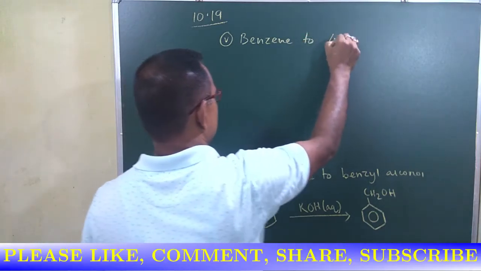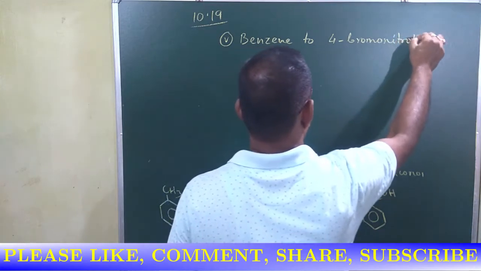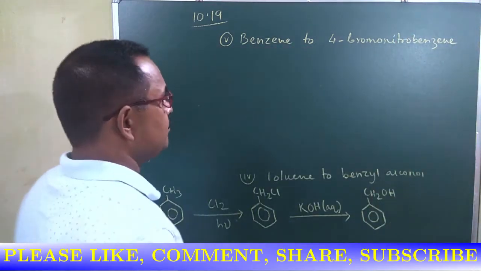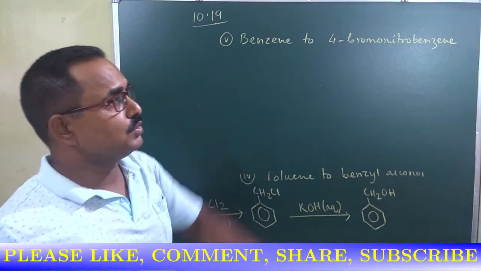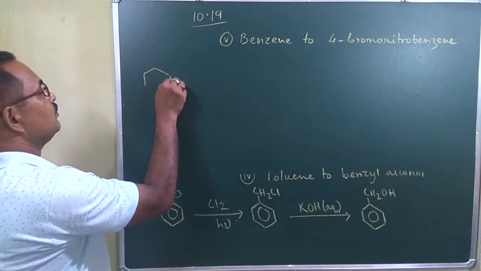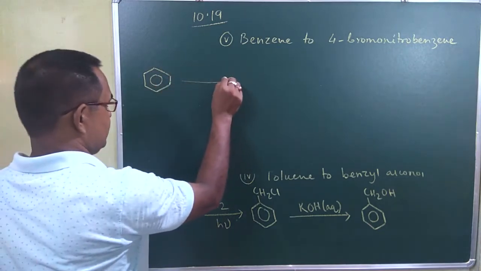Next, number 5. Benzene to 4-bromo-nitrobenzene. See, we have to convert benzene to 4-bromo-nitrobenzene. This is benzene.